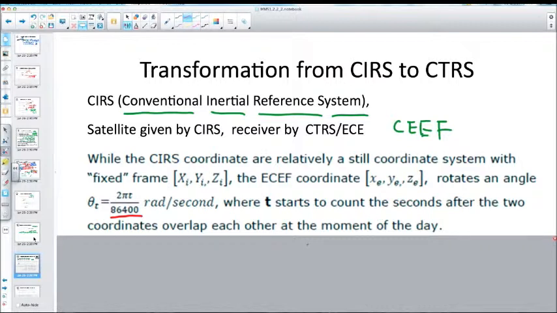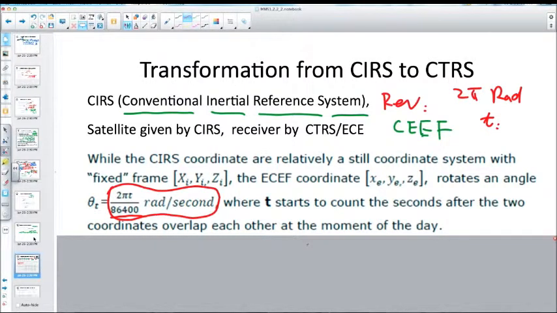And a day is 2 pi radians. That's 1 revolution. And depending on your time, you multiply the time. So after t seconds, the two coordinates rotated by this many radians. Well, every day, at least at one moment, the two coordinates will overlap, and after this, they rotate apart.